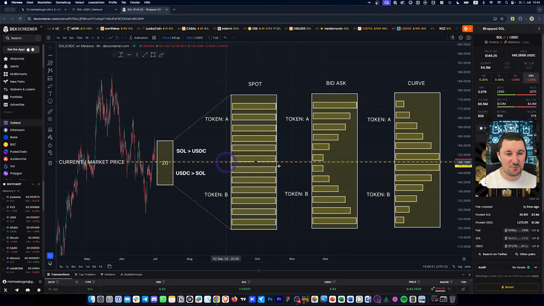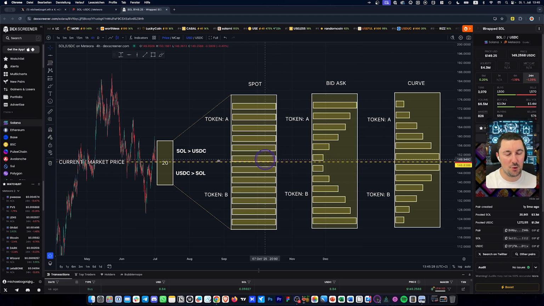In the sideways moves, where we have not much liquidity, we will fetch fewer fees, and the rest of the bins will wait, they will be idle. The curve strategy is the opposite of the bid-ask, an inverted one, and this is good for stable pairs, for example stablecoins like USDC and USDT, because they don't move much, and you can concentrate your liquidity in the middle of the price.